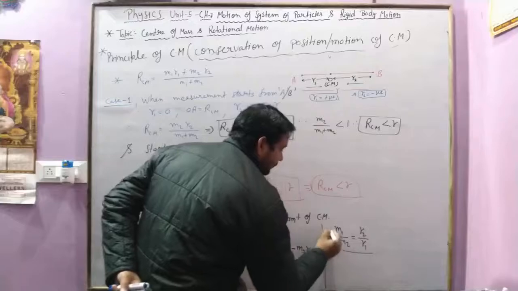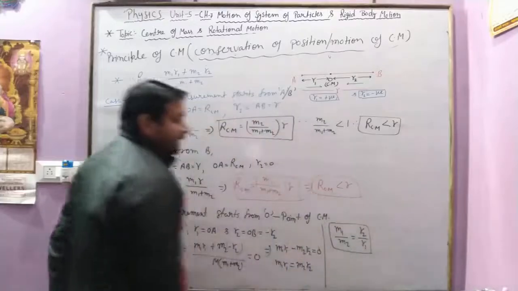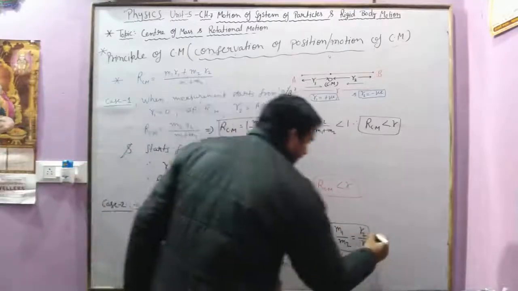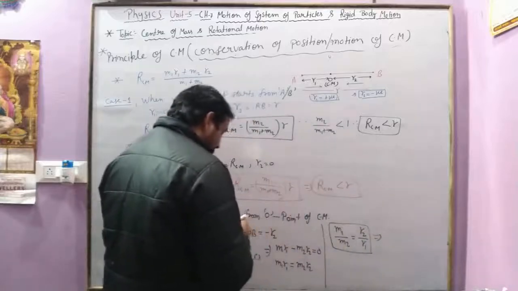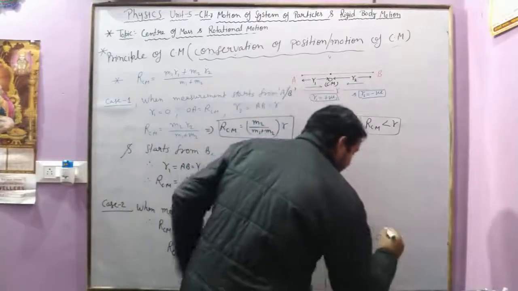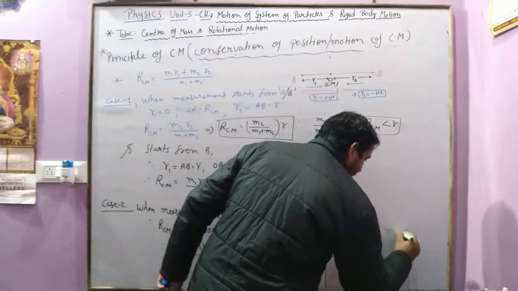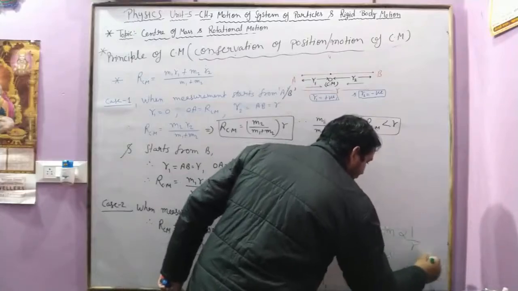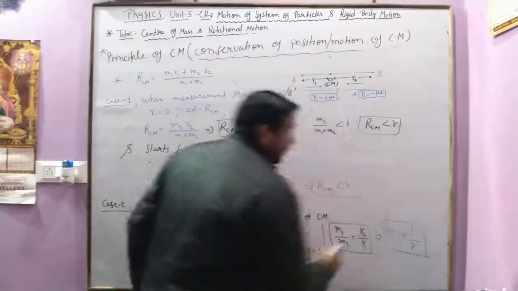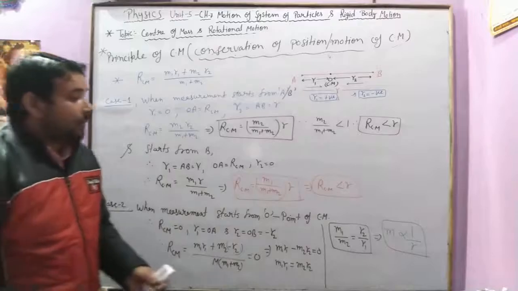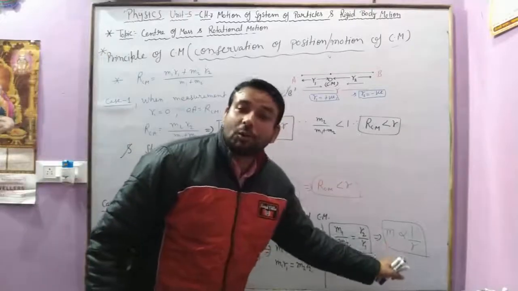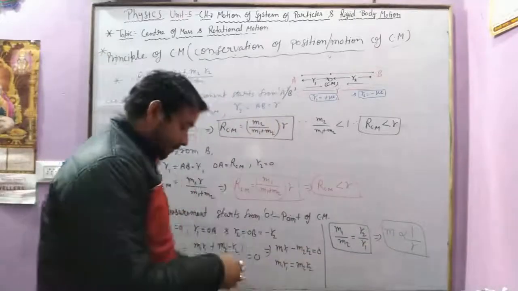This is a very important relation which gives an idea that M is inversely proportional to R. Which means the heavier body is near to the center of mass.